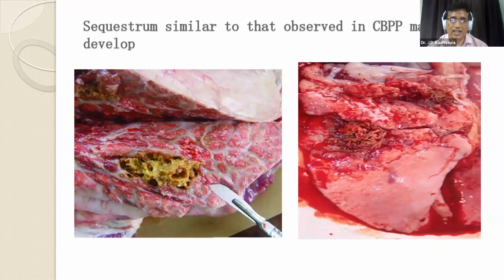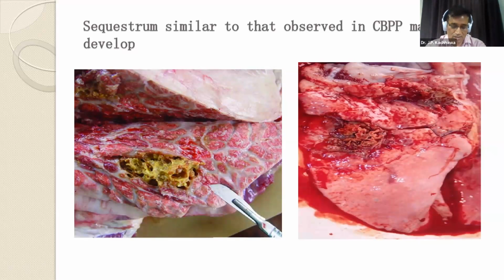In this slide, we are seeing that this part is called sequestrum. Like in the other photograph, this is also called sequestrum. Sequestrum is the dissociated part of the lungs, which is completely separated from the other part of the lungs.